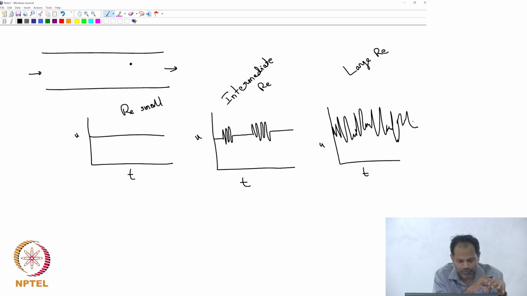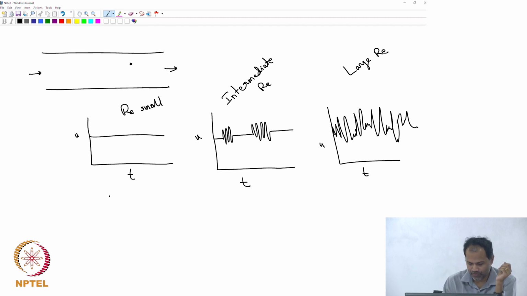So the left hand picture, when Reynolds number is very small, that's when we call the fluid flow laminar. And the right hand side, when the Reynolds number is very large, when you see this noisy signal, you will call the fluid flow turbulent. And in between, when you see this, it's actually the transition from laminar to turbulent.